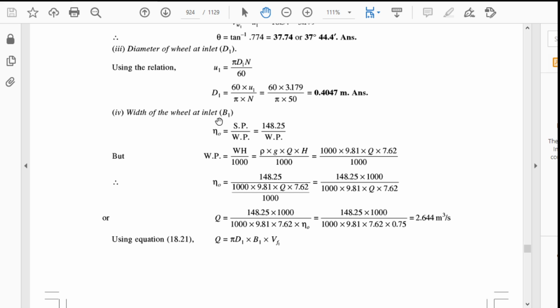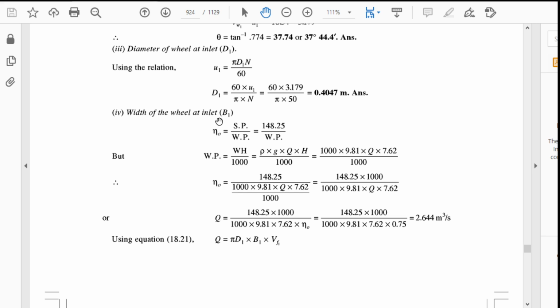In the first video of this module, I have explained the formulas and expressions for all the efficiencies of turbine. In that, the overall efficiency is shaft power divided by water power.